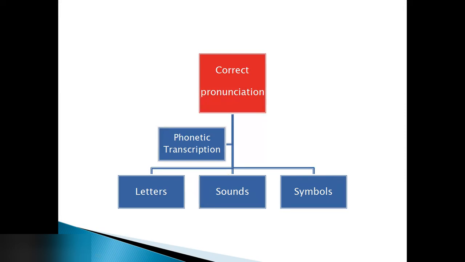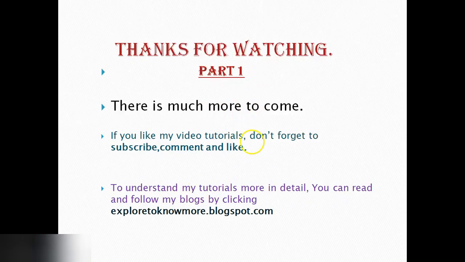In part 1, I have explained how important it is to learn correct pronunciation and what kind of difficulties a new learner can face while speaking any new word correctly in English. But now in the second part, which will be very important for you, I am going to explain the letters, their sounds and their symbols. And definitely by watching my tutorial carefully, it will be very easy for you to learn correct pronunciation. So thanks for watching part 1.